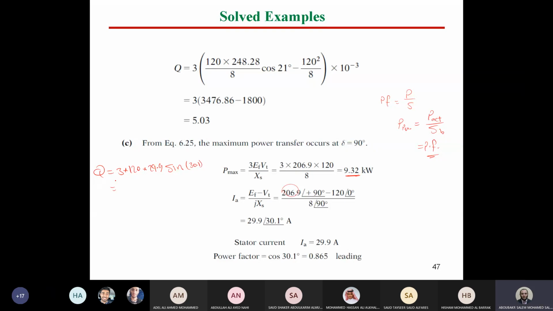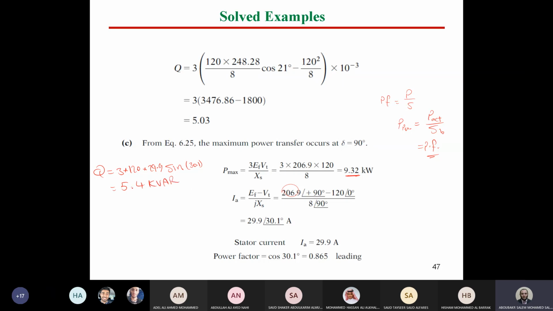And this will be the value of reactive power. Let's calculate this value. 3 multiplied by 120 by 29.9 by sine 30.1. So the value is 5.3 or 5.4 approximately. 5.4 kilovolt ampere reactive.